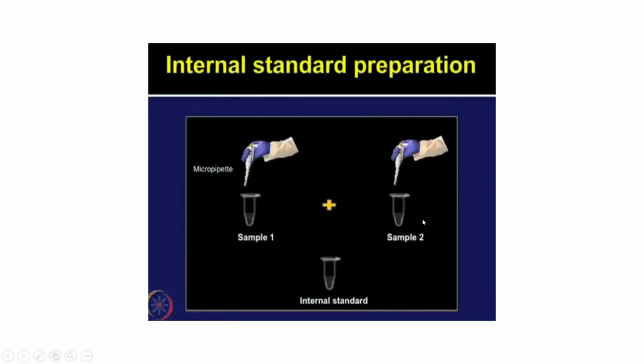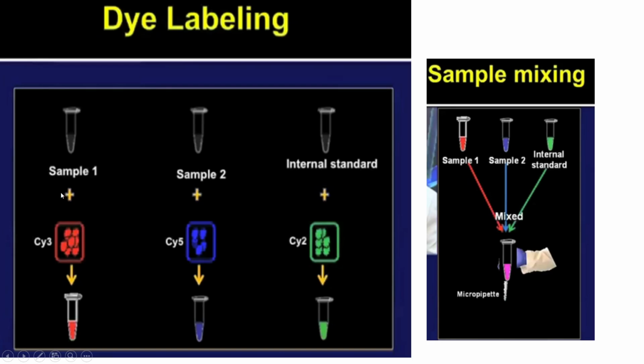So there's sample 1, there's sample 2. You will mix them together to make the internal standard. Sample 1 you are labeling with Cy3 dye, sample 2 with Cy5 dye, and you mix these two together, which is the internal standard, and that is stained with Cy2 dye. So now these are the three samples. Maybe sample 1 is disease 1, sample 2 is control 1.